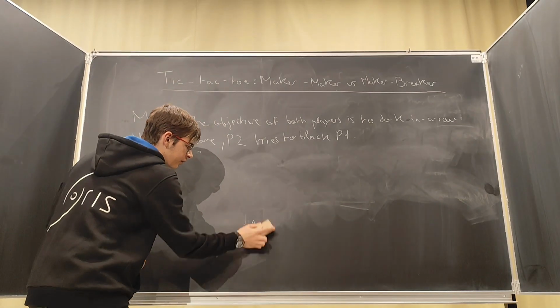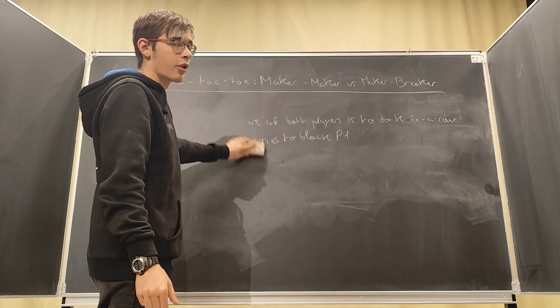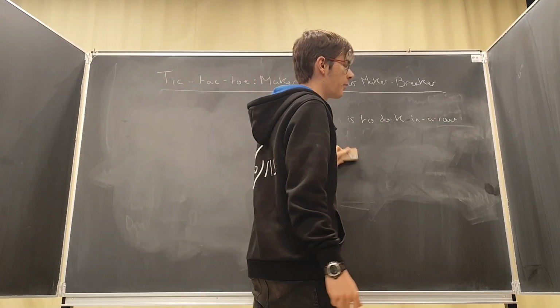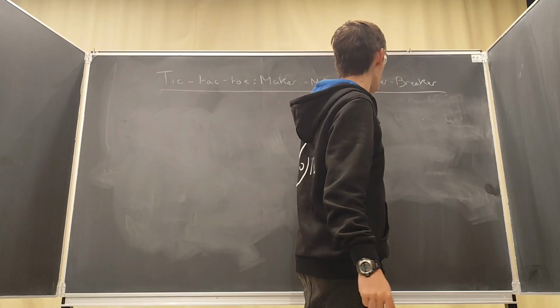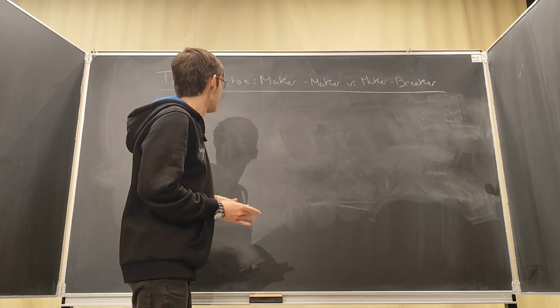So these are theorems that are intuitively rather obvious, but they're actually very hard to prove in the Maker-Maker version, while they are quite trivial in the Maker-Breaker version.